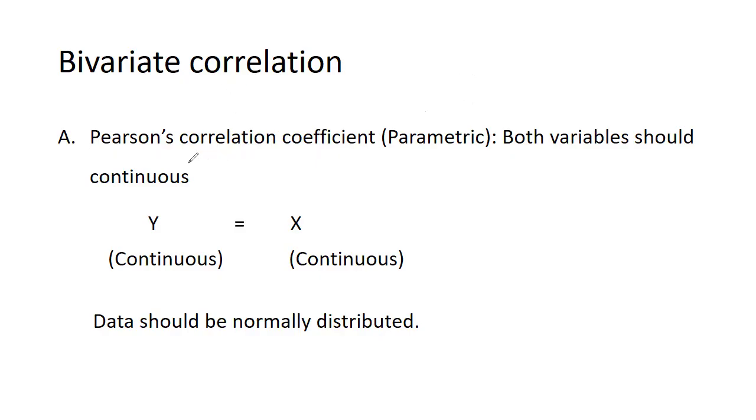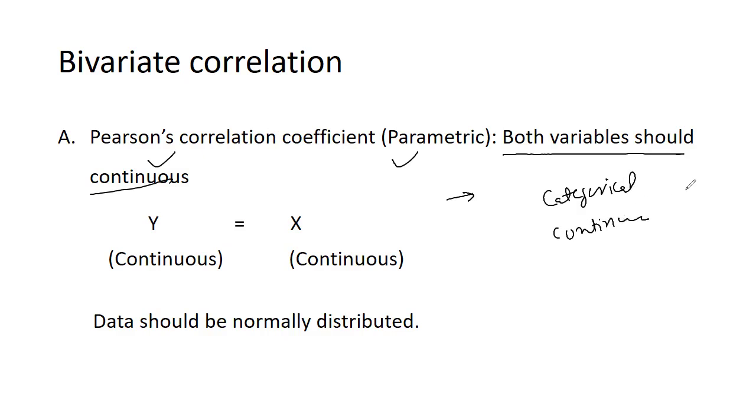If you want to apply the Pearson correlation coefficient, it is a parametric test, and we know that in a parametric test there are some assumptions. Both variables should be continuous. Basically there are two types of variables: categorical variables and continuous variables.